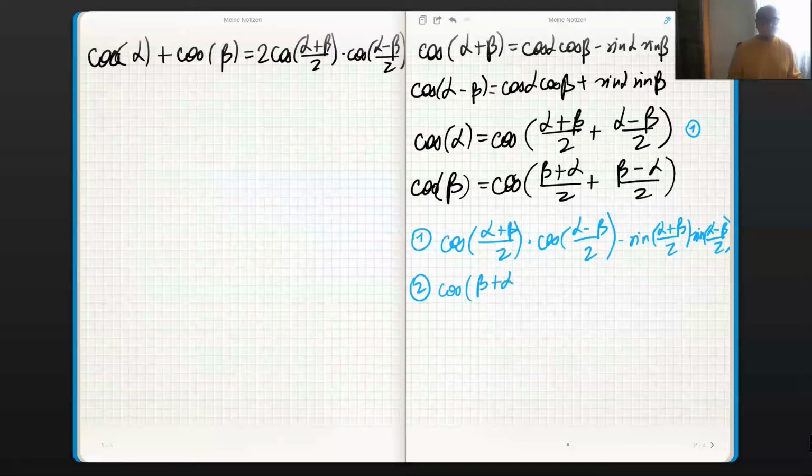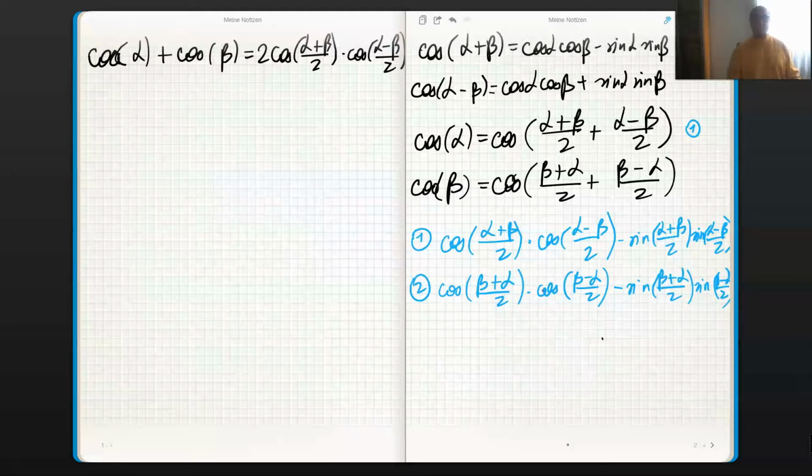Let's write beta plus alpha divided by 2 times the cosine of, well, I just want to make one more remark here. That's why it's fine to write it this way. And then minus sine of beta plus alpha divided by 2 times sine of beta minus alpha divided by 2. Now look what's happening.